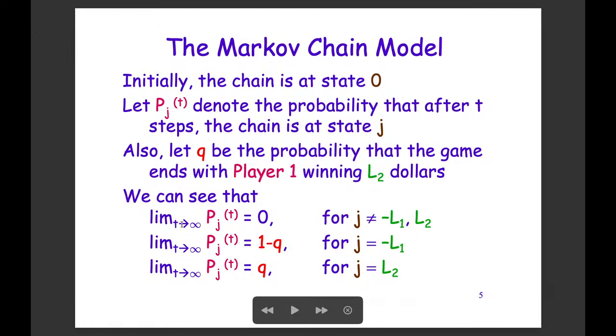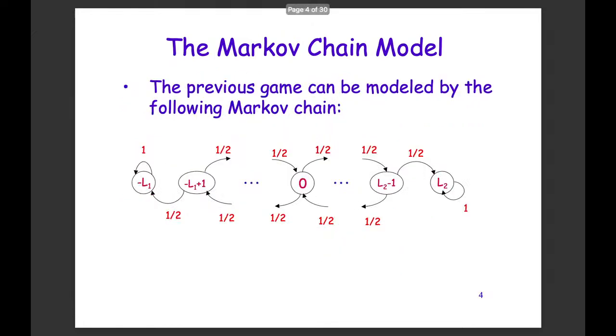First of all, we have an interesting observation. We will see that when t goes to infinity, so when we are playing this game again and again and again, so when we play enough number of times, then there will be no chance of staying in the intermediate state. It is because whenever we are at this state, or whenever we are at this state, we cannot escape. So when the game is played for long enough time, we will be either in this state or in this state.